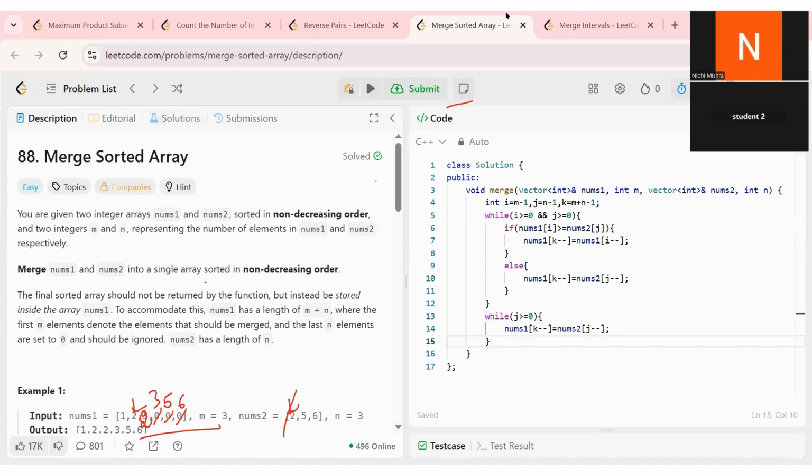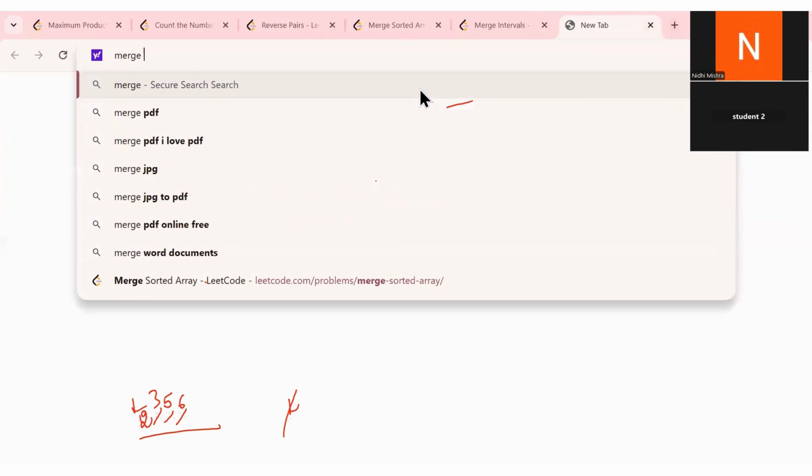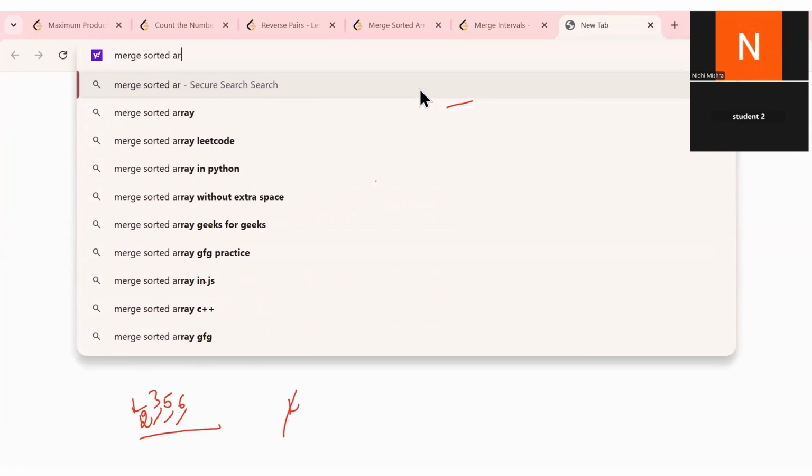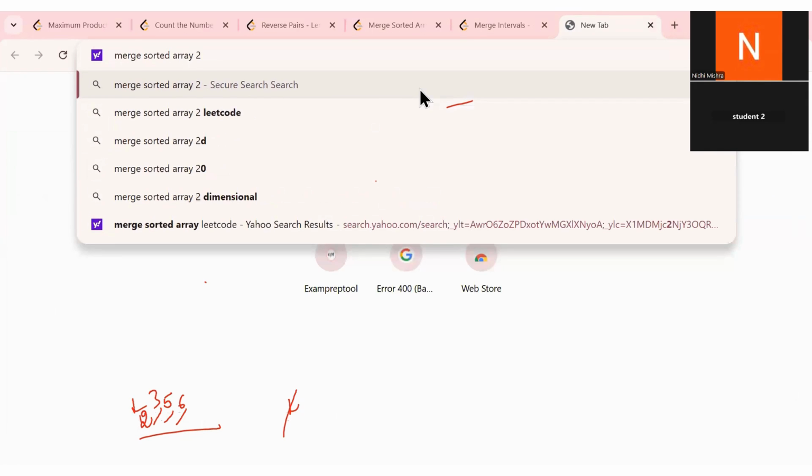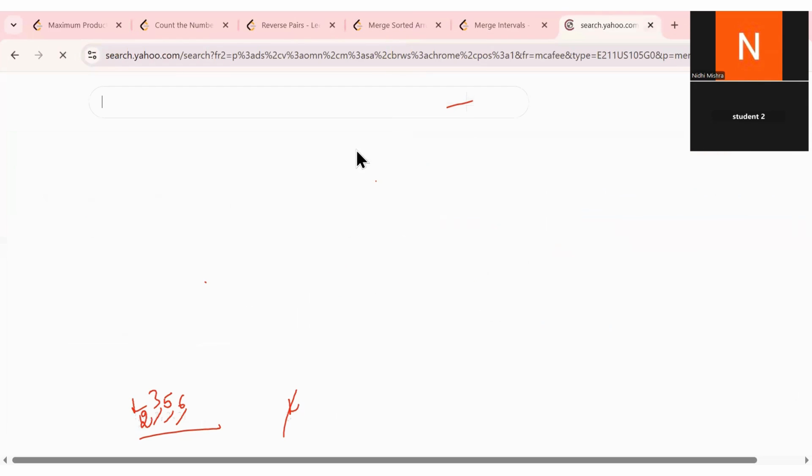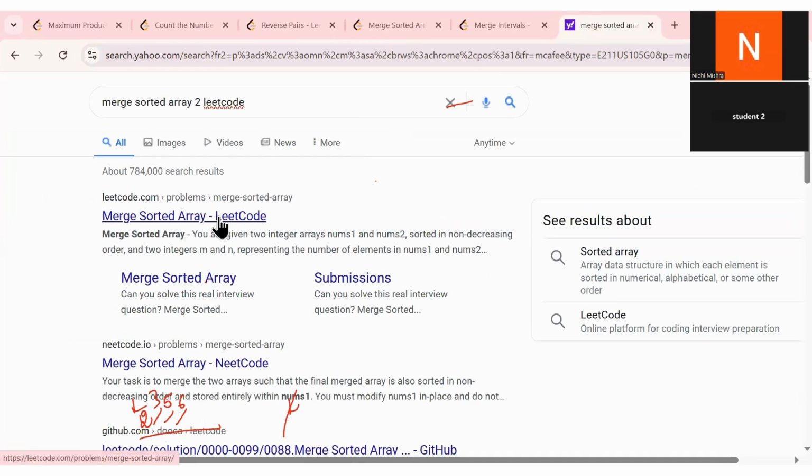Now there is another variation of this question. Suppose there are two arrays which are sorted. Merge sorted arrays.